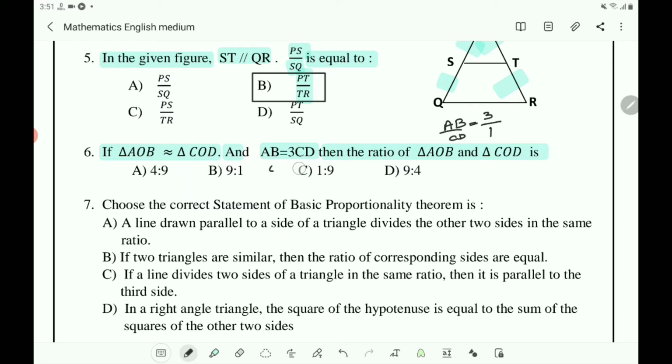Then what they asked, the ratio of triangle AOB and triangle COD, means the ratio of their areas. So here you got the ratio of the sides is 3:1. 3:1 means the ratio of areas becomes 3 square 9, 1 square 1, 9:1. Then what is the answer? Option B is the answer. Note down the answer, option B, 9:1.